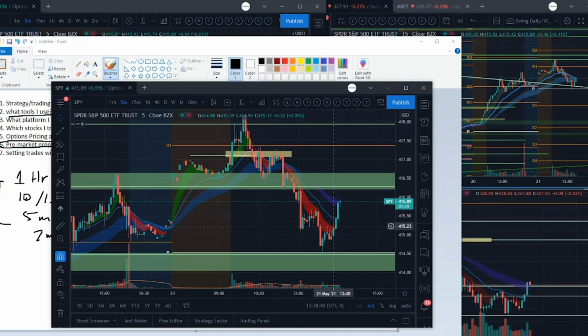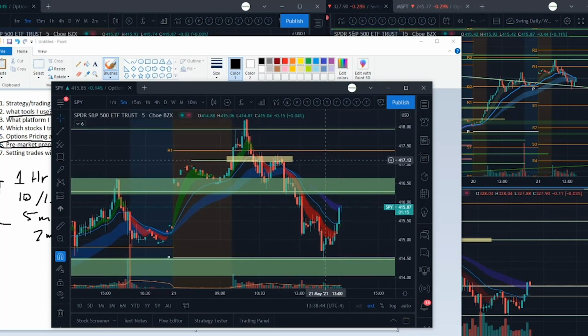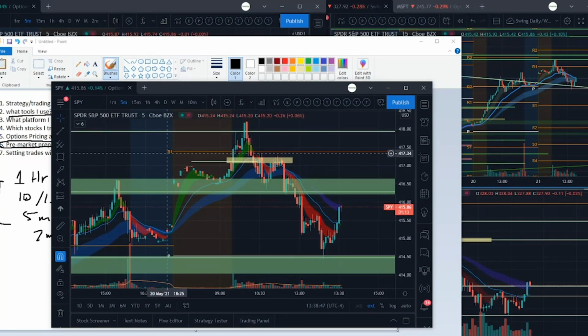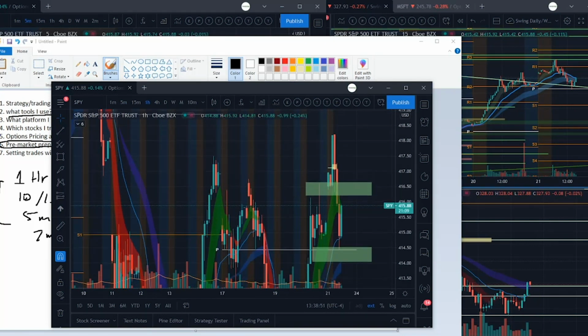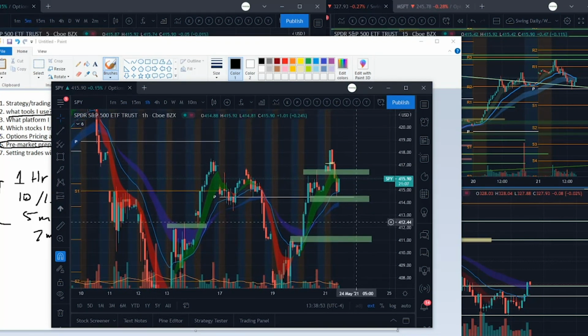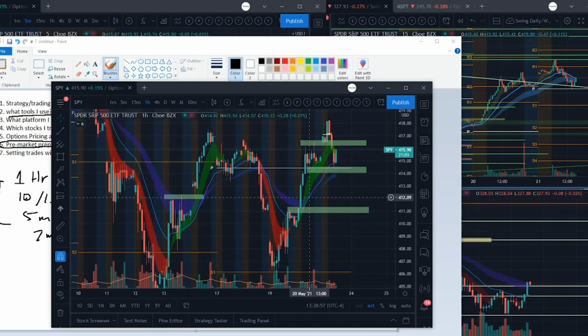So the 20 EMA, this blue line, is going to be the main contributor to my 5-minute plan. Now, if I go to the hourly chart, it is a lot of the 34-50 EMA cloud and the 20 EMA, right? If I'm above, I'm going to be geared towards the long side. If I am below, I'm going to be geared towards the short side.